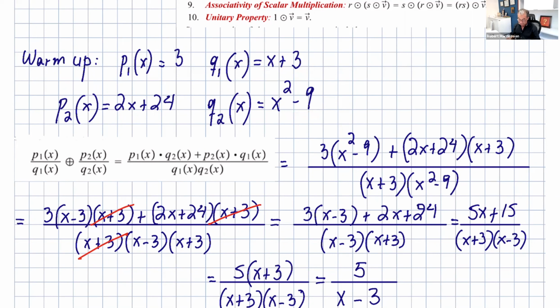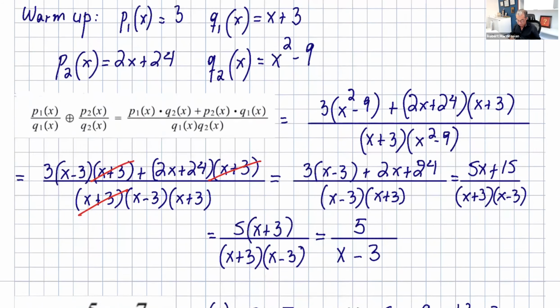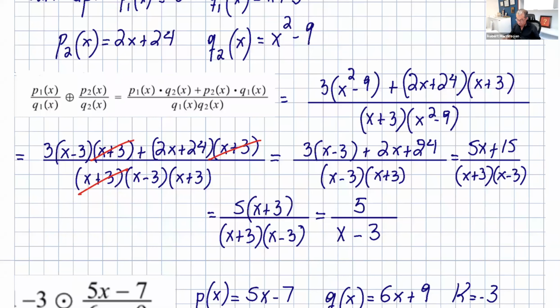Basically, you just substitute. So the vector addition is going to be 3 times that q2 of x, plus p2 of x, which is 2x plus 24 times x plus 3. And if you factor out and simplify this, the final answer is going to be 5 over x minus 3.